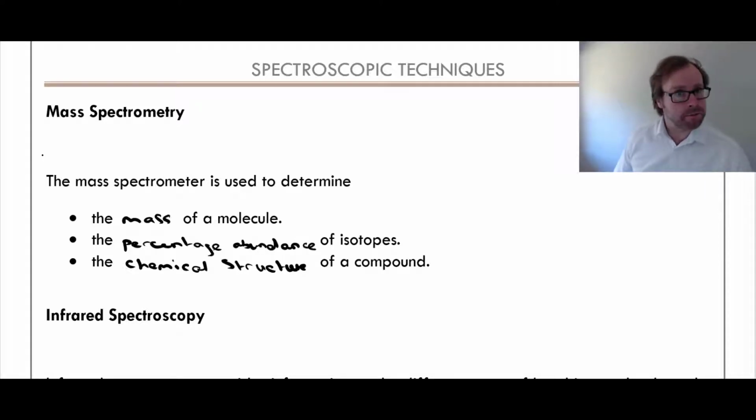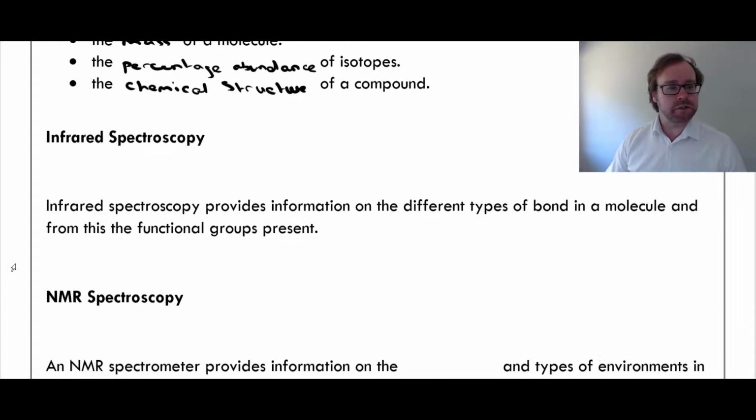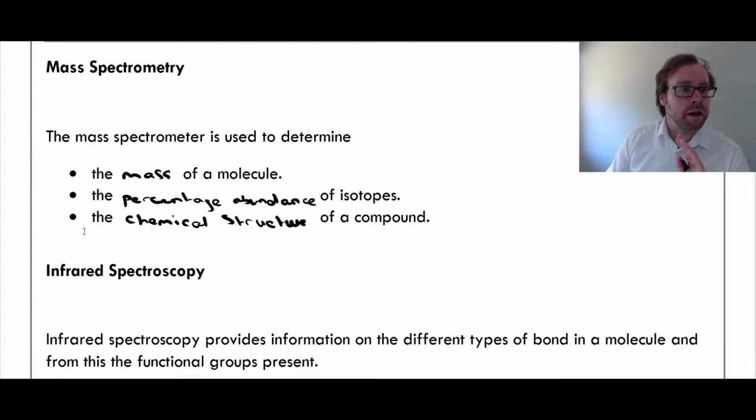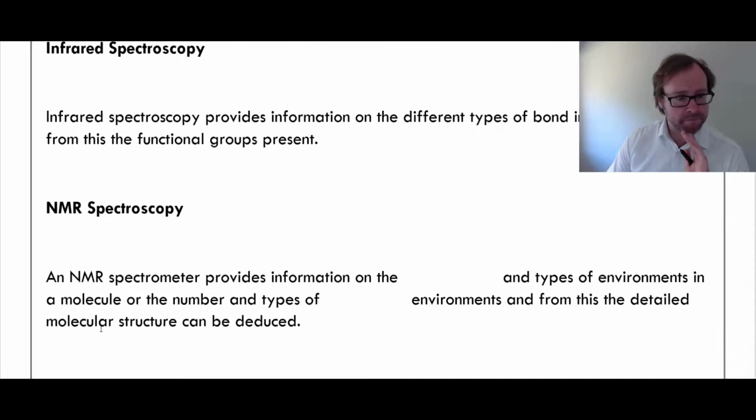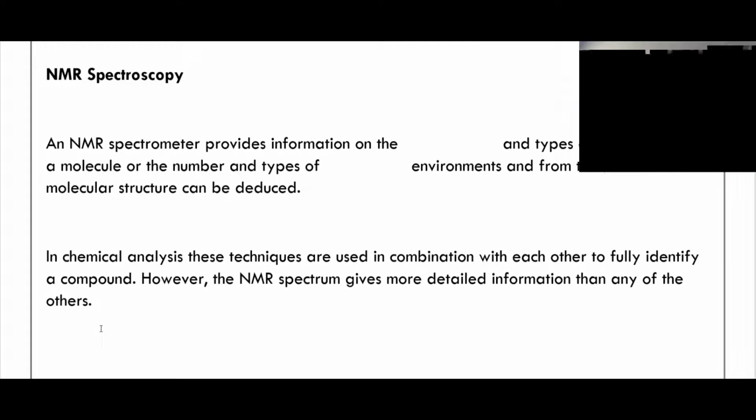I'm not going to go through any more than that, as this is just an introduction. Infrared spectroscopy provides information on the different types of bonds in a molecule, and from this the functional groups present in general. There are other videos on these two techniques, so if you're unsure, go back and watch them. Right, NMR spectroscopy.